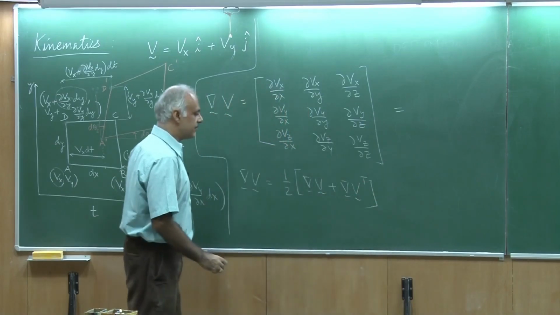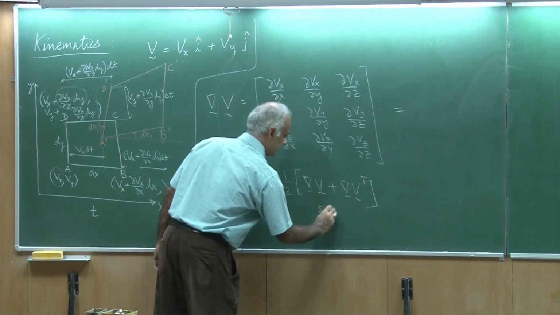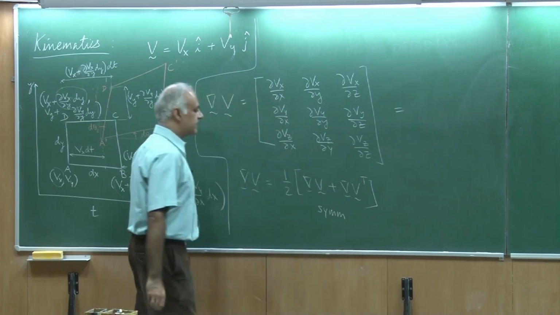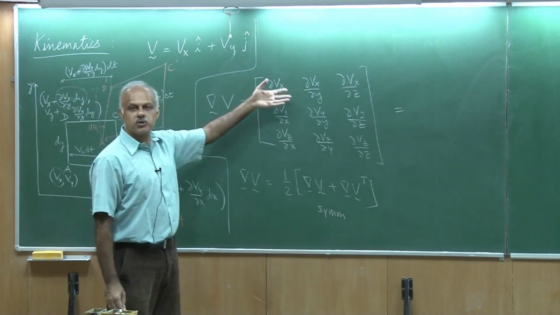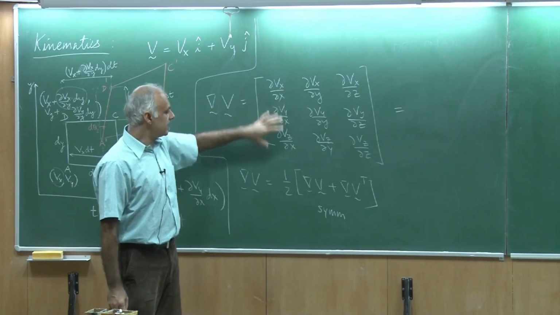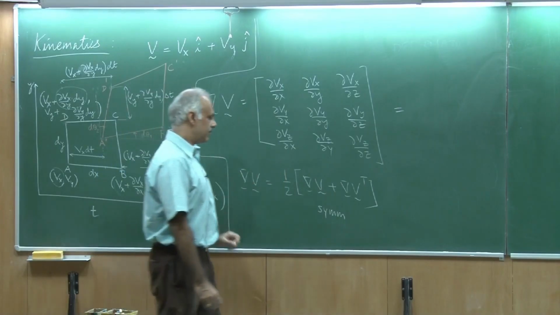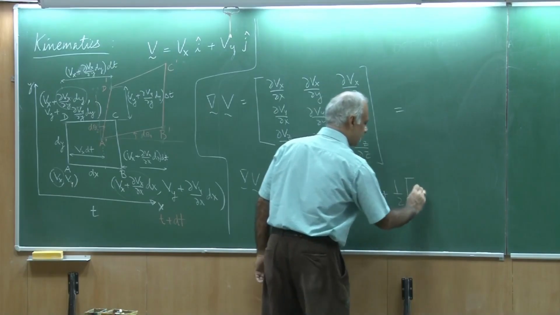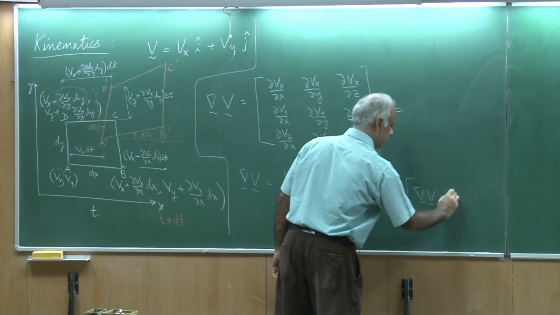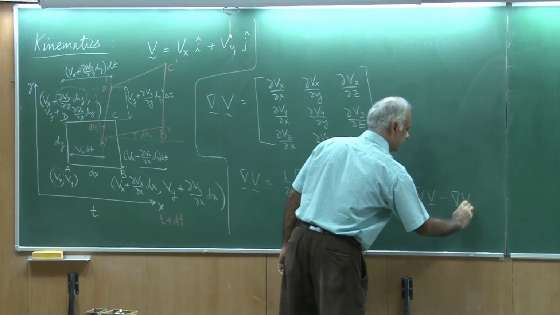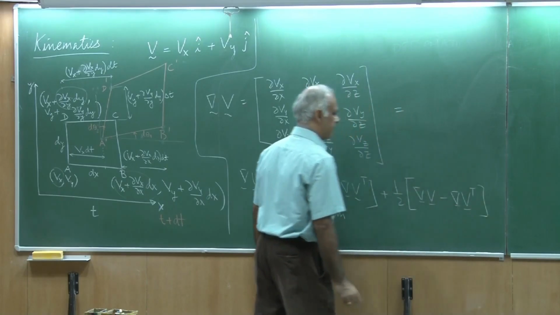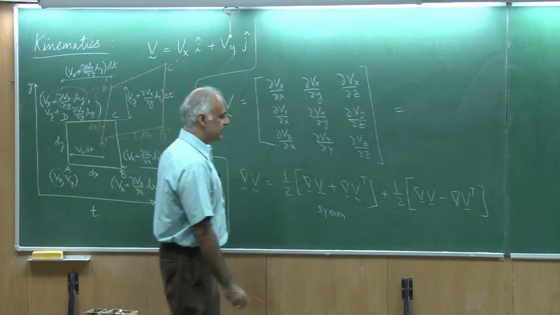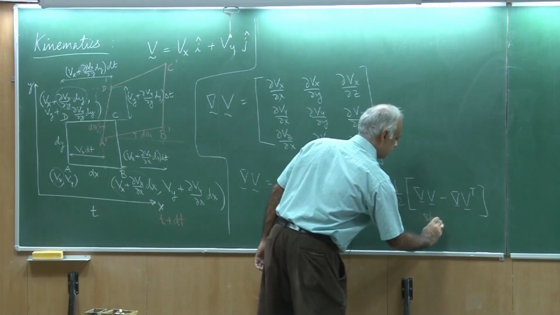So, this is the symmetric part, which I simply take the transpose of this, add to it and then take the average of the two. And then there is another part which is the skew symmetric part. Right. So, this is the skew symmetric part.